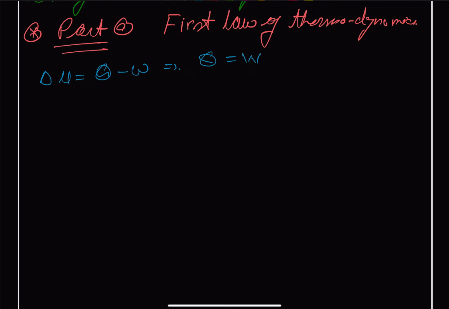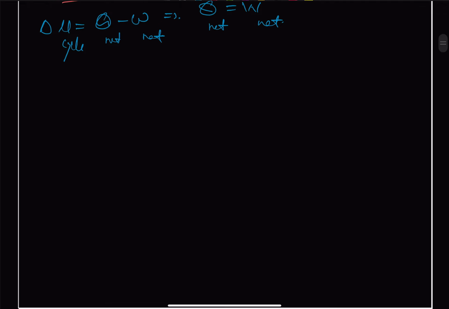And for the complete cycle, delta U for our cycle will be Q net minus W net, and delta U is 0, so we can say Q net is equal to W net. So we can find out our Q net. Q net will be equal to Q1 plus Q2 plus Q3 plus Q4.